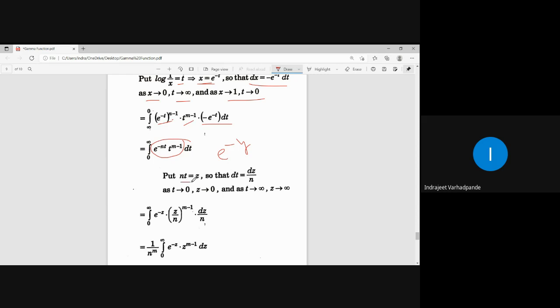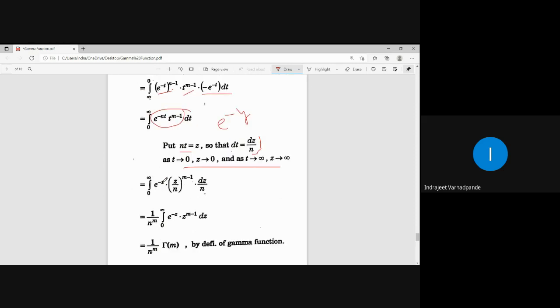So put nt equal to z, dt will be dz upon n. Limits are the same. This becomes e to the power minus z into z to the power m minus 1, with n to the power m outside. By definition, it will be gamma of m.